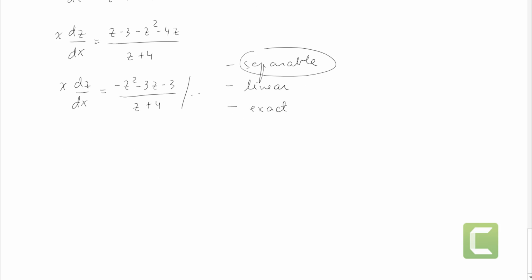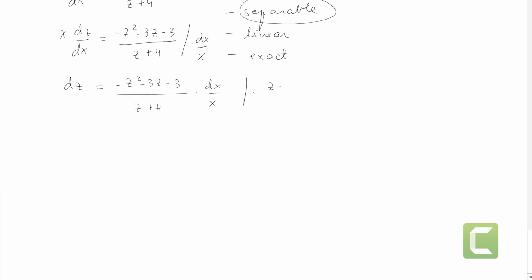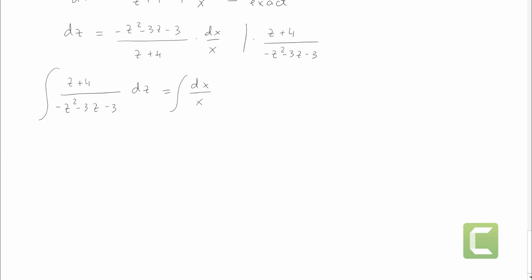So we are going to multiply by dx over x, and we get dz equals (negative z squared minus 3z minus 3) over (z plus 4) times dx over x, and then we multiply by (z plus 4) over (negative z squared minus 3z minus 3), and we obtain this separable equation that we will integrate on both sides.